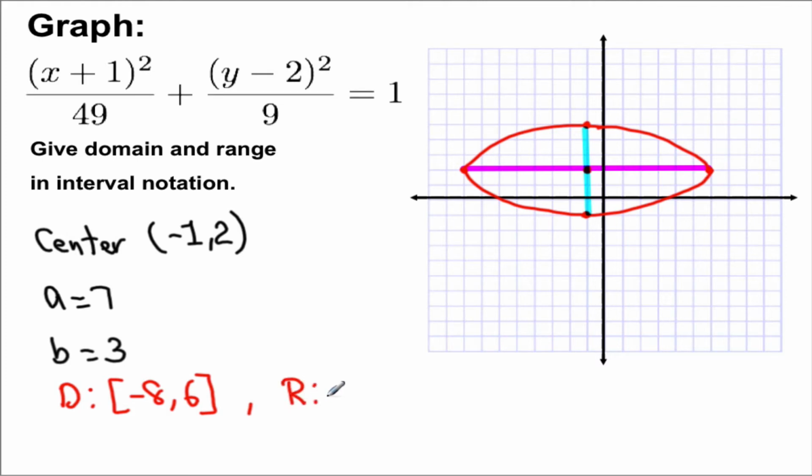And the range for this problem will be from -1 to +5. So domain are the values along the x-axis, and range will be all the values along the y-axis. Let's continue with another example.